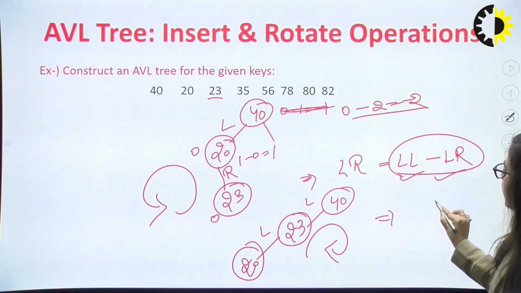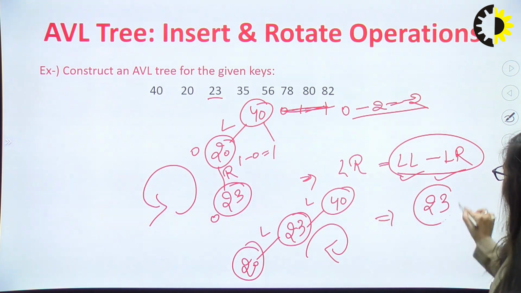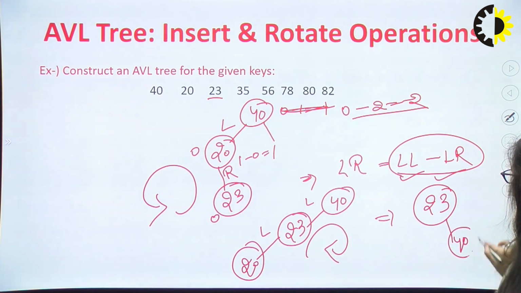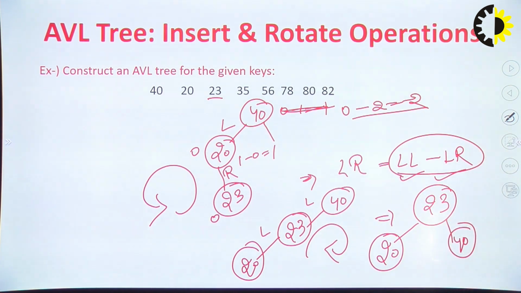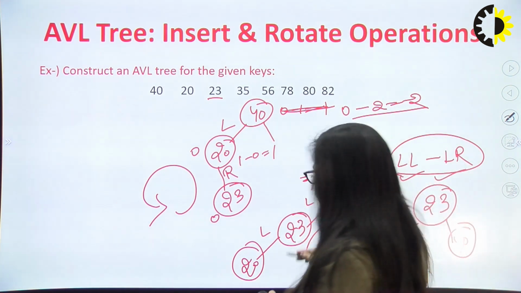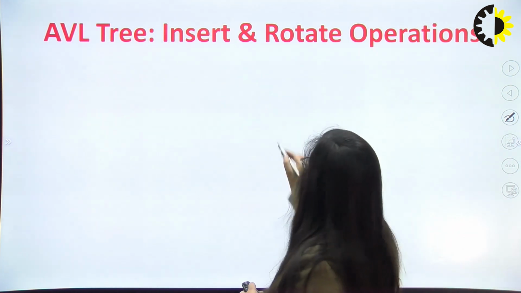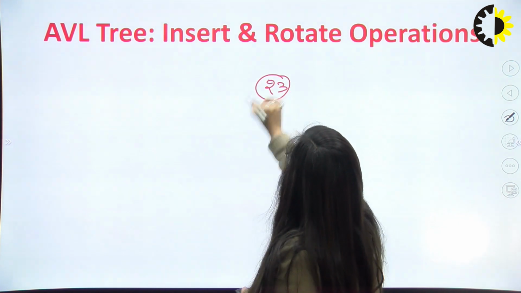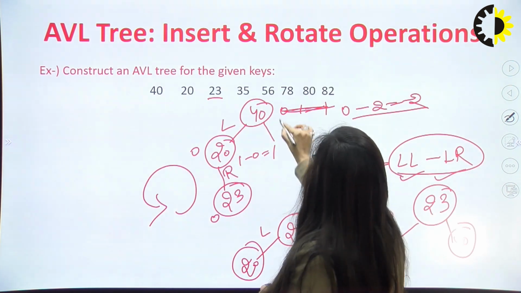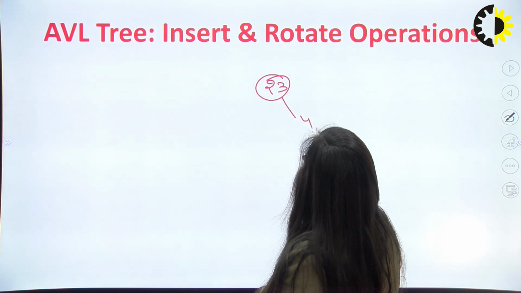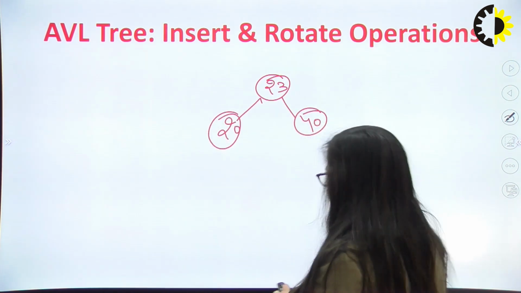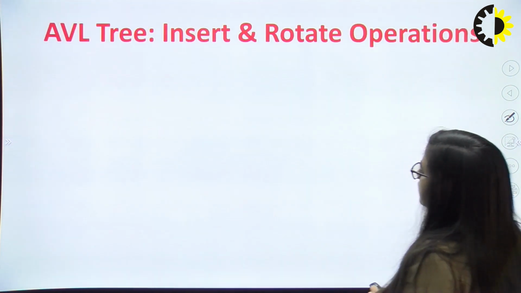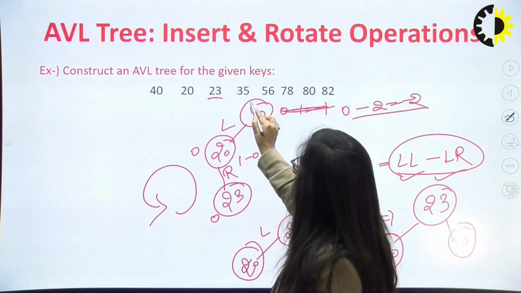So the final output is 23, 40 and 20. This is the answer: 23, 40 and 35, 56.